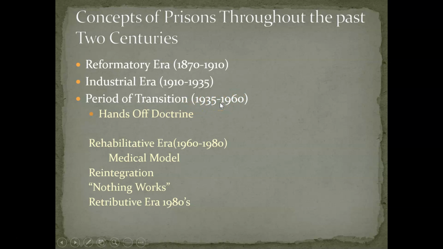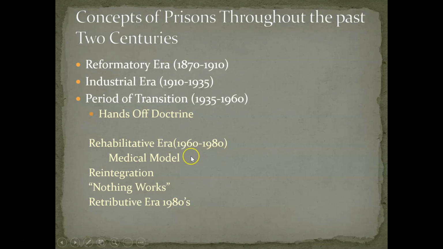Then 1960, the courts became involved again. So think about the 1960s. We're talking Vietnam, peace, love, all that kind of stuff. This was the beginning of the rehabilitative era. And this is a time when people went to prison and were seen as kind of sick. You know, we need to make you well, so we're going to rehabilitate you and fix you.